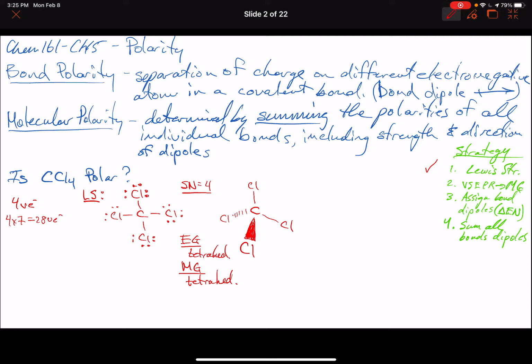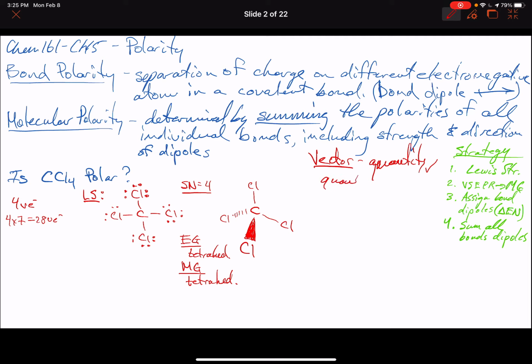Good, so this is everything we've been able to do up until this point, but now commenting here on molecular polarity, we now need to apply vectors. So if you haven't worked with vectors before, a vector is a quantity. I often think about force when I'm reminded of vectors, a quantity with both magnitude and direction.